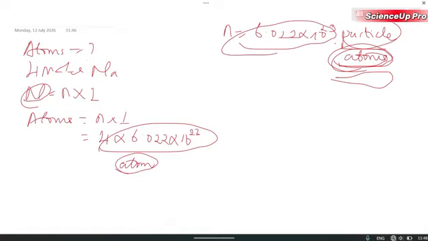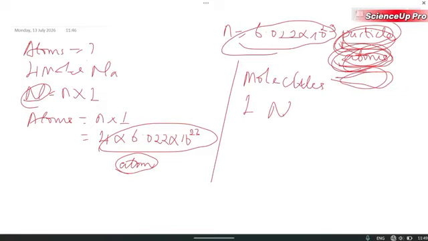So number 6, calculate the number of molecules in 0.25 moles of oxygen. They're asking for the number of molecules this time around, and you are still going to do the same, because this formula applies for either particles, atoms, or molecules. Number of molecules is equal to Avogadro's constant times number of moles. So you change this number of particles into molecules.